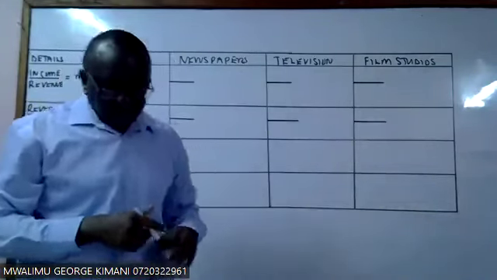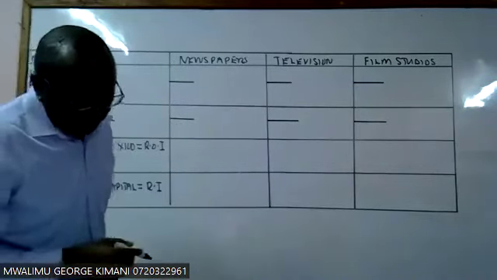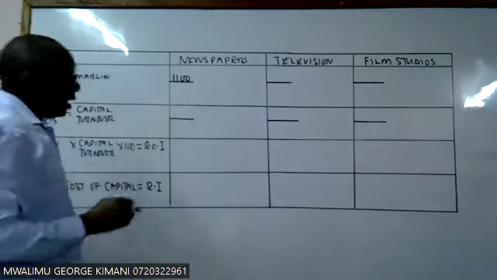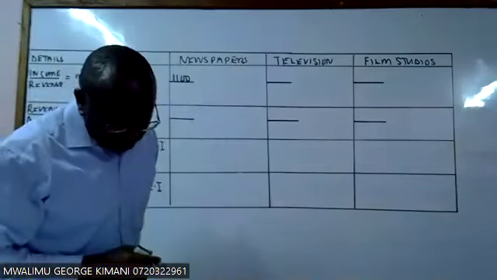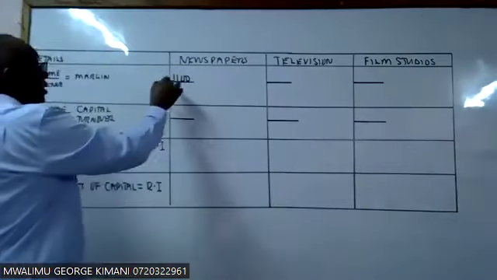So the income for 2001 for the newspaper is 1100 and the revenue for 2001 is 4,600.